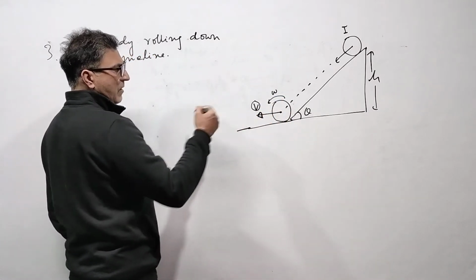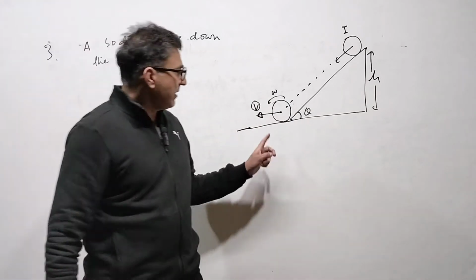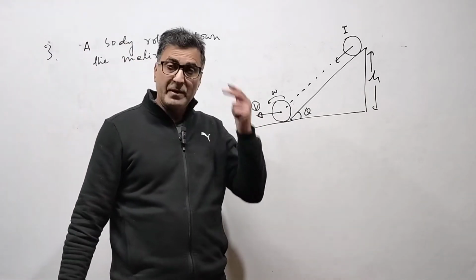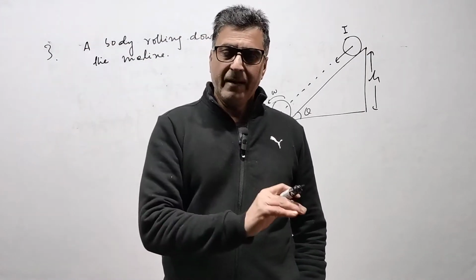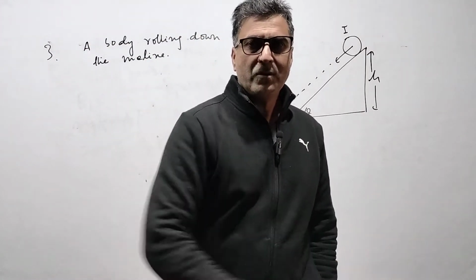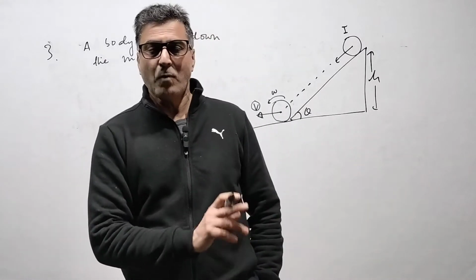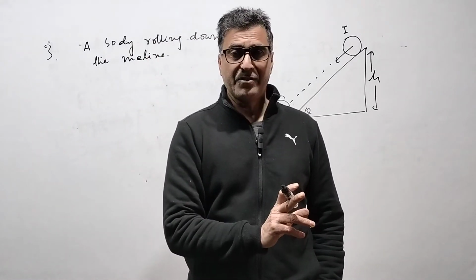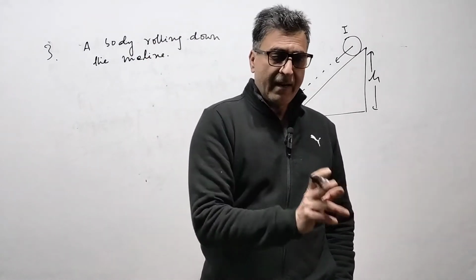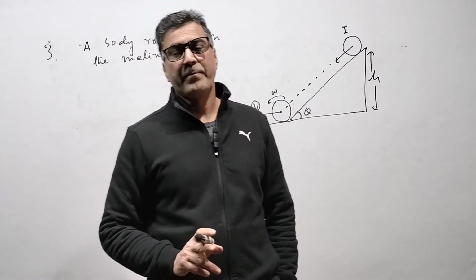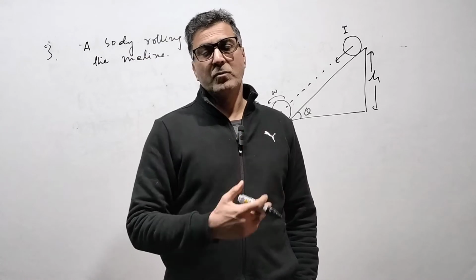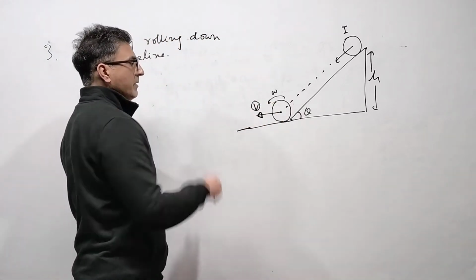The question is, what is its velocity when it reaches the bottom of the incline? At the bottom position, it has two energies, translational kinetic and rotational kinetic energy, because it is rolling and moving forward.